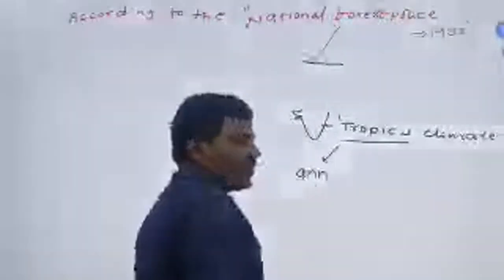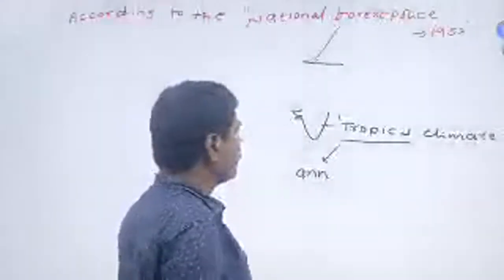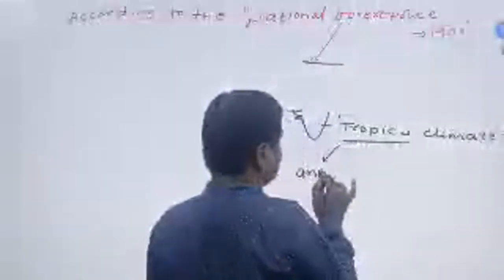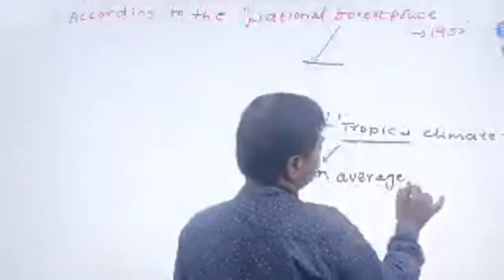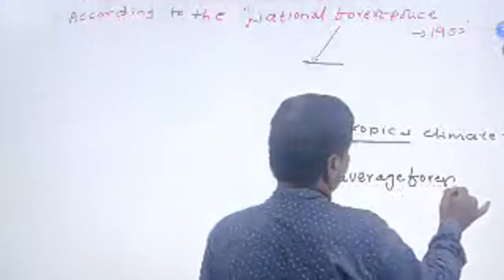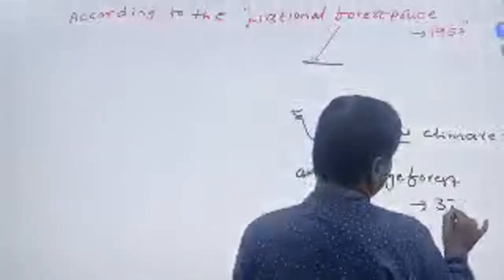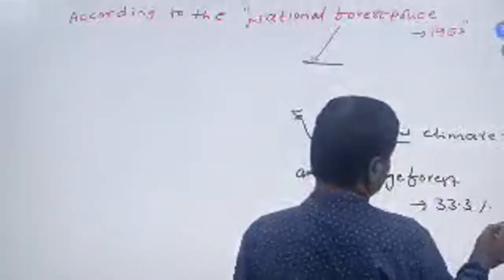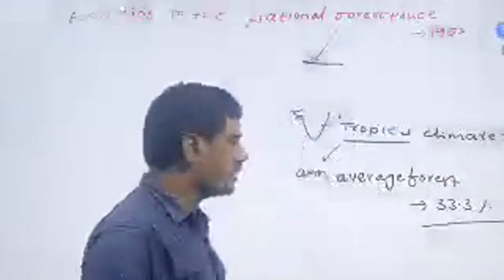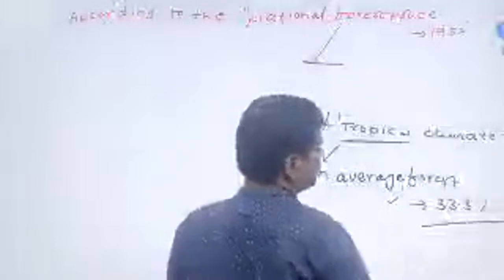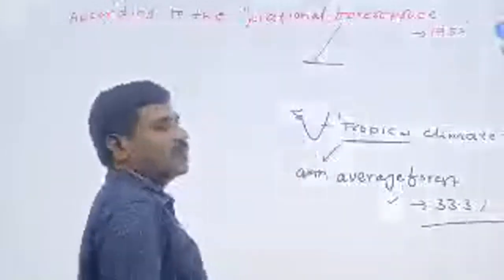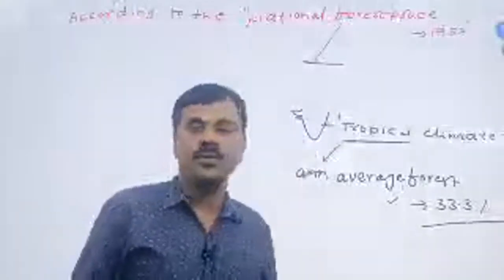So this tropical climatic zone requires an average forest area of 33.3% of the total surface of India. This much forest area is very, very essential to counter global warming.